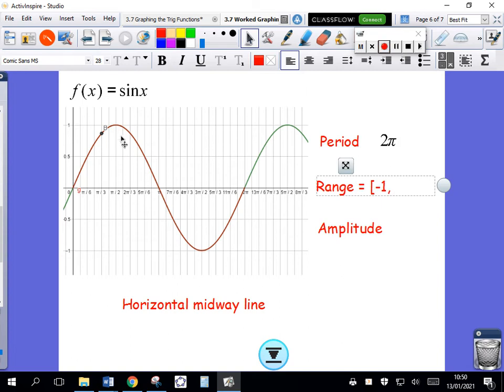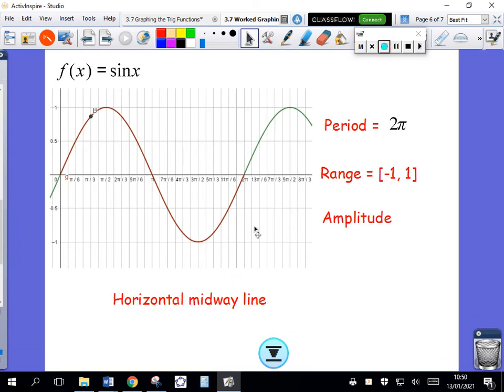And it goes all the way up to the highest output along this line where the output value is 1. So the range of this trigonometric function is -1 to 1. The period, remember, was equal to 2 pi. Period, one full period, and then it just repeats itself forever and ever.